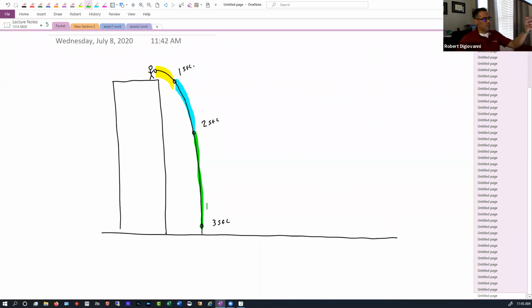But when objects are falling, the rate of change is not linear. It turns out that it's quadratic. This was studied quite a bit back when humans were just trying to figure things out, and we were able to figure out that every object on Earth falls the same way.